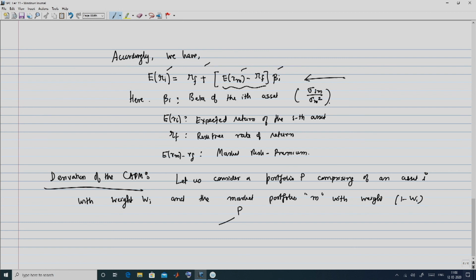So, this means the portfolio P has the asset I and the market portfolio with the respective weights being Wi and 1 minus Wi. All right.